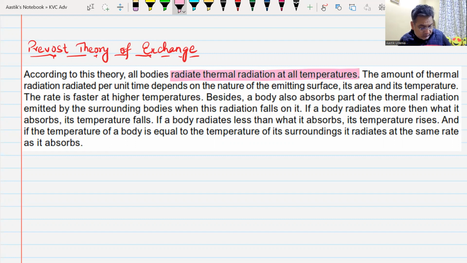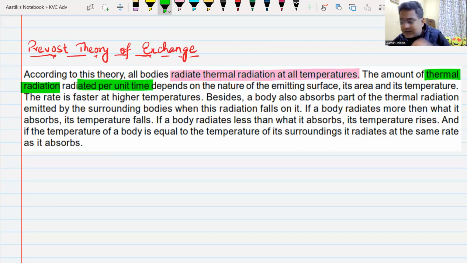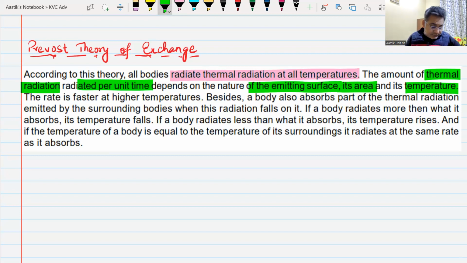Yes, sir. Point number one, all bodies are going to emit thermal radiations at all temperatures. Point number two, the amount of thermal radiation radiated per unit time, and we will see this formula, will depend on the nature of the surface, its area, and its temperature. Yes or no?